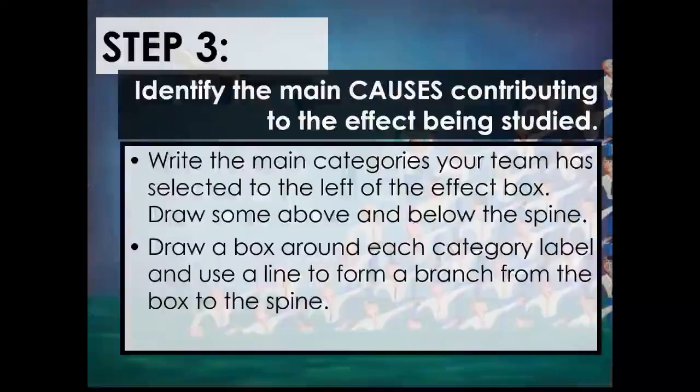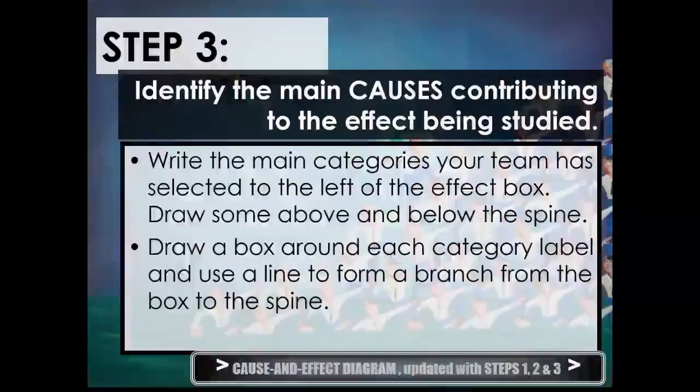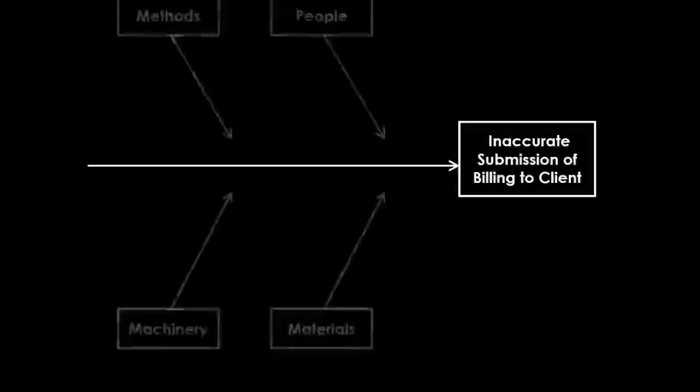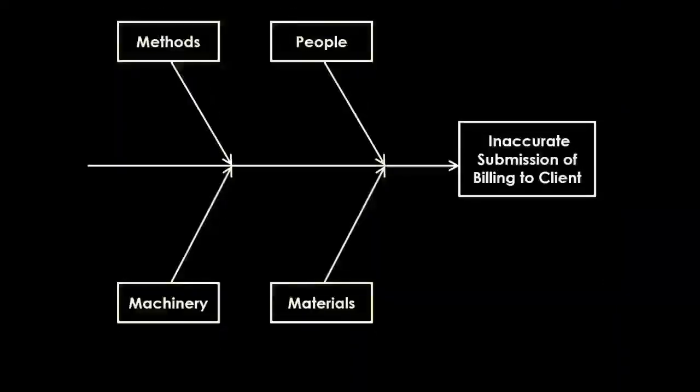Upside and downside, you can use both sides: some are on the upside of the spine, some are on the downside of the spine, right? Not only that, at the time you draw the arrows, keep in mind how many items you are going to present within that one branch. It should be in your mind.